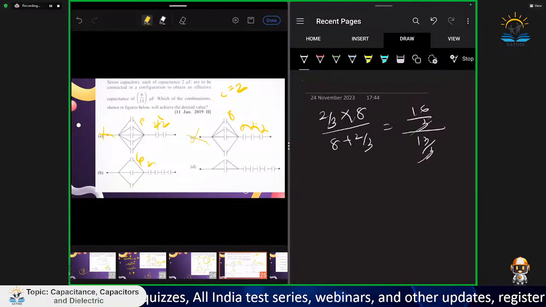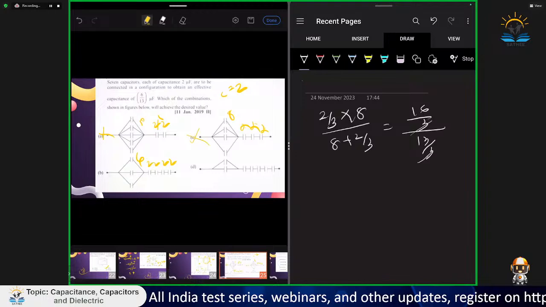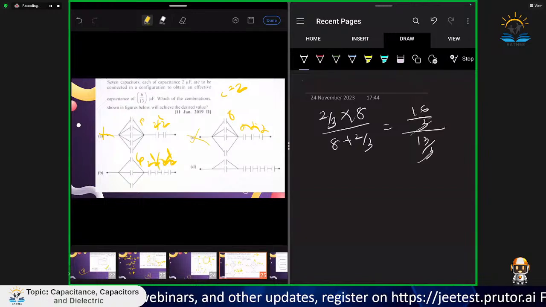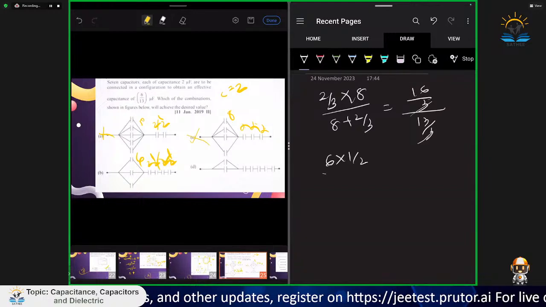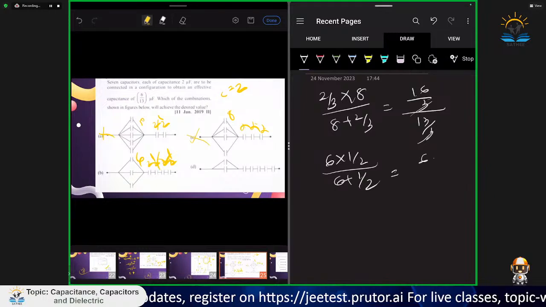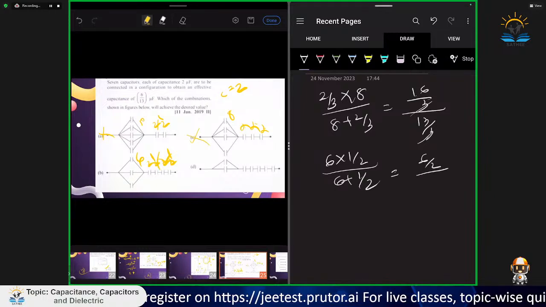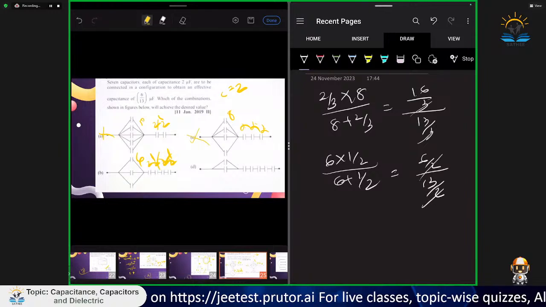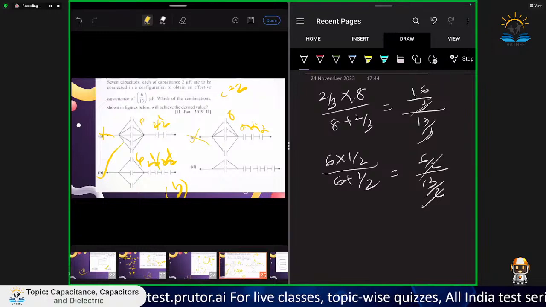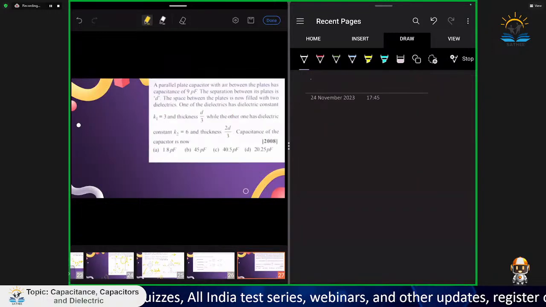Here see 6, 2, 2, 2, 2. 2 into 2, 1. 2 into 2, 1. 1 into 1, 1 by 2. Okay, 6 and 1 by 2. 6 into 1 by 2 upon 6 plus 1 by 2, 6 by 2 upon 13 by 2, 6 by 13. Yeah, so option B is the correct answer. Easy. This is the next question.